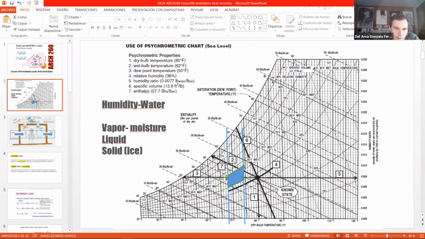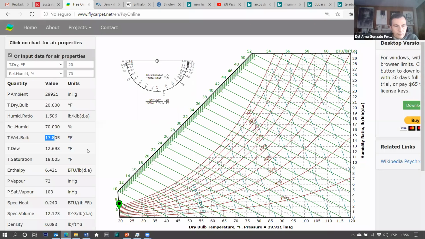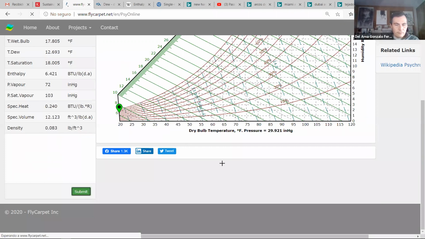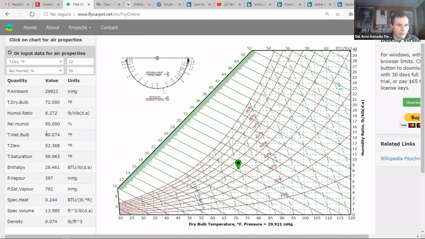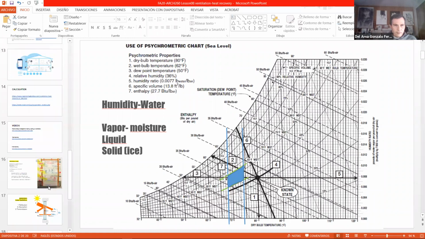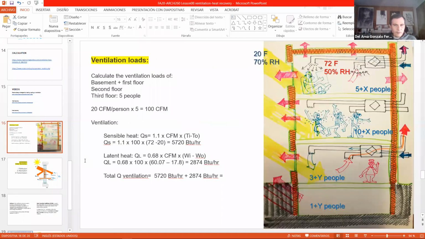It's not accurate because it can be 55.5 or 55.6, we don't know. That's why I prefer this one, because just by clicking here 72 and 50, submit, I get the wet bulb temperature with 3 decimals. Impressive. Any questions about this?